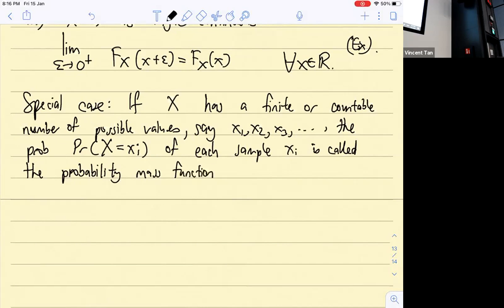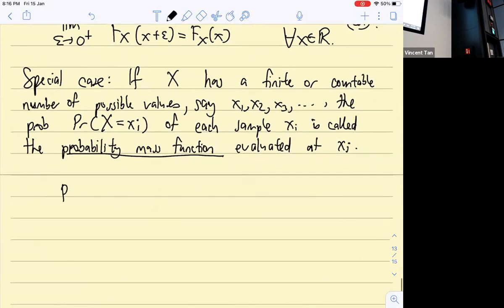I don't know what this is called in some other countries, but where I was educated, it's called probability mass function, evaluated at x_i. And we usually abbreviate this as p(x_i). Sometimes we call it p_X(x_i). This is the probability of X equals x_i, so i runs from 1, 2, all the way.